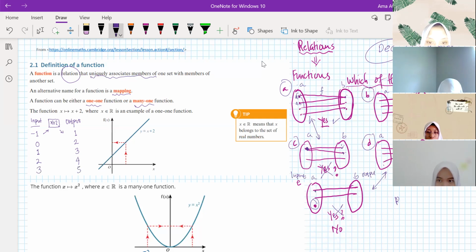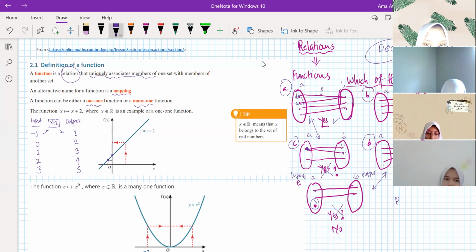Good. Therefore, if we put this into the diagram, -1 goes to 1. So -1 with 1, right? And when it is 0, it is 2.